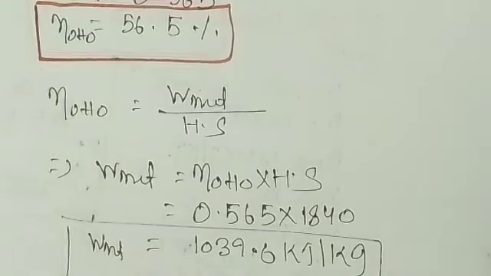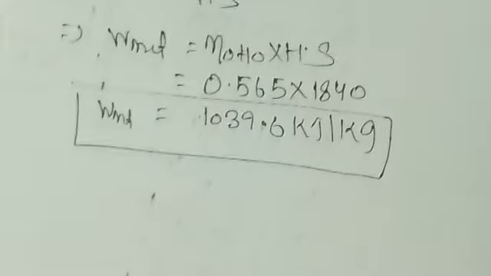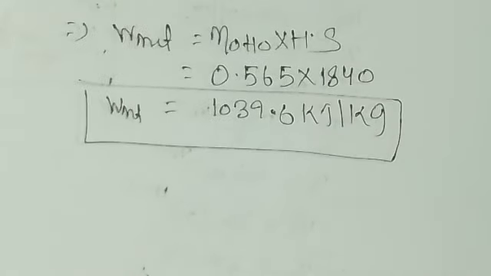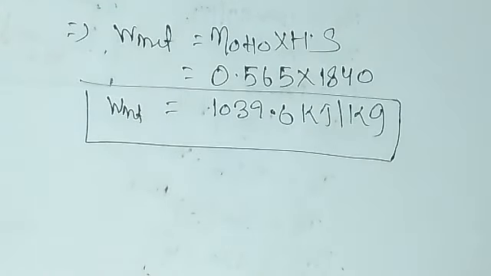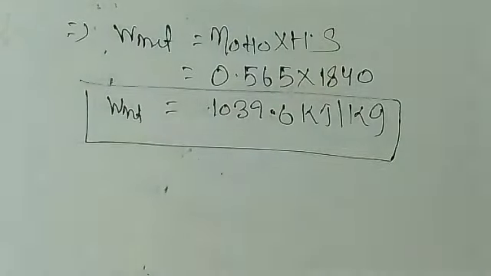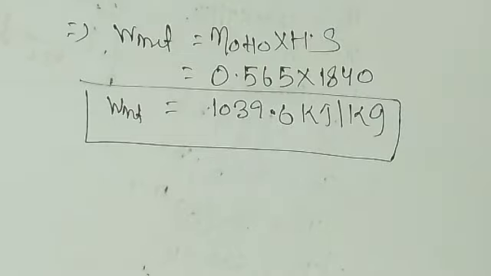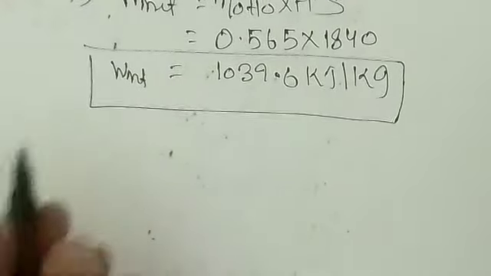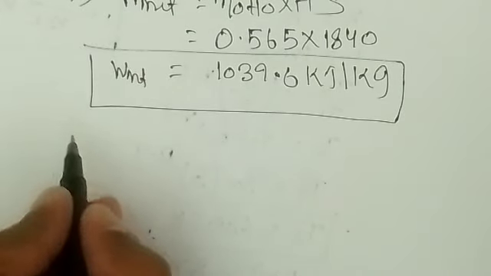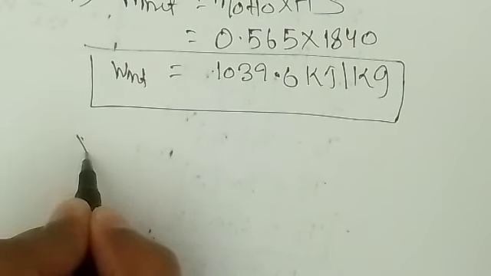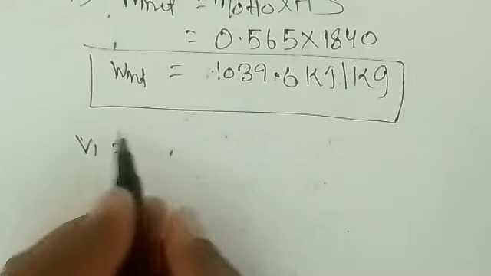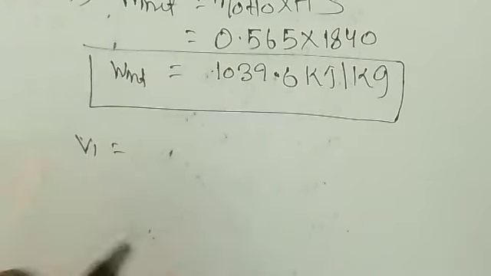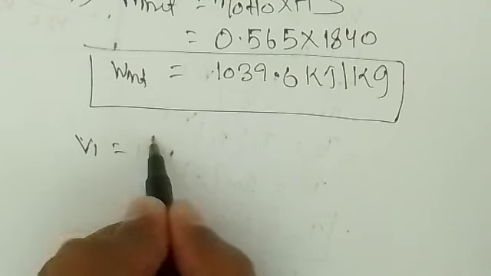Now you know the mean effective pressure is nothing but the net work by swept volume. Swept volume is V1 minus V2. So first we have to calculate V1. V1 we can get from the gas equation, PV is equal to MRT, where M is 1.